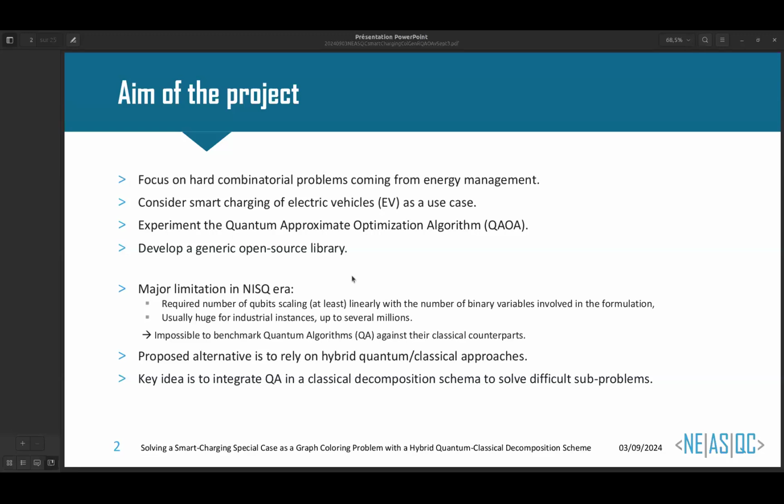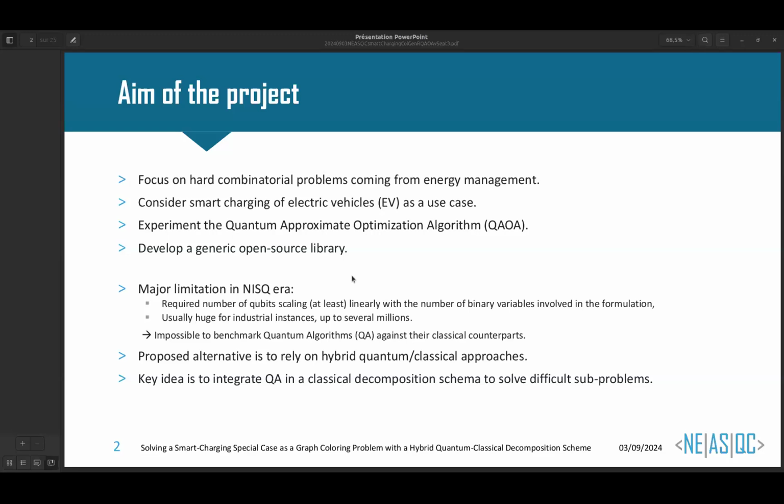As you all know, one major limitation in the NISQ era is the required number of qubits that scales linearly with the number of binary variables involved in the classical formulation of the problem.